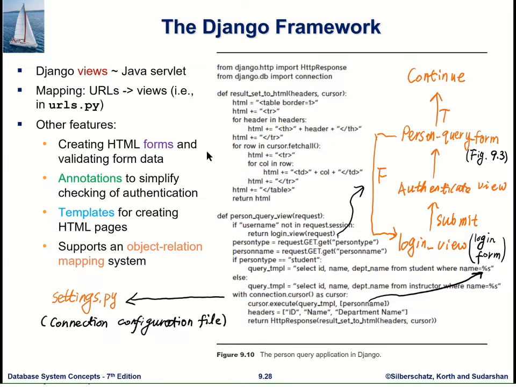That will make it easy for us to check whether the input is legal before we send out that request. And also use annotations, we can check the authentication, making it easy. We also have HTML page templates. We also support the object relationship mapping system, like we mentioned before. We can create data and save it into the database. Okay, this is the example for Django.